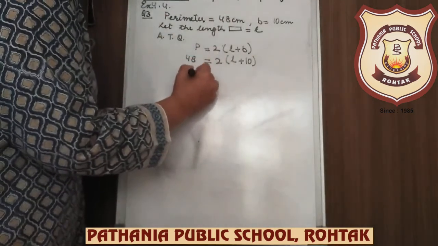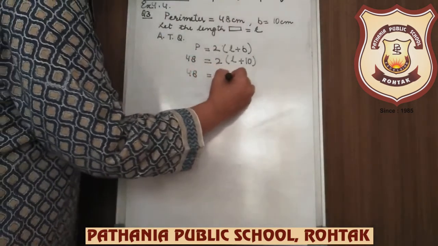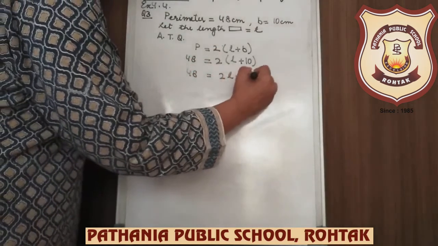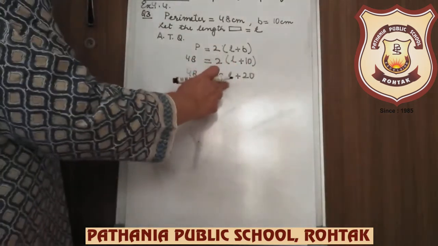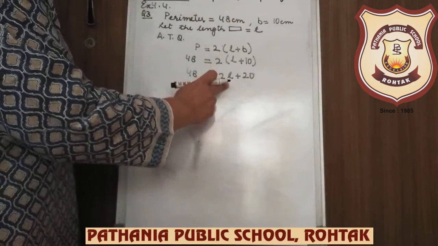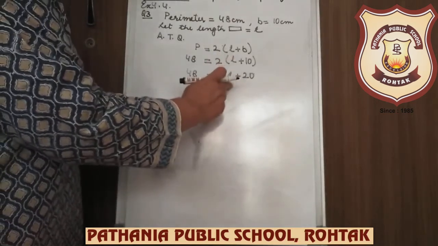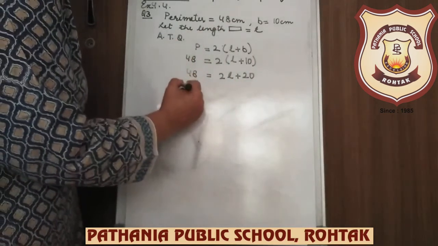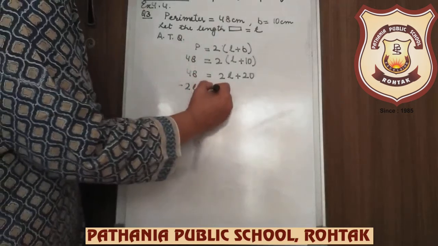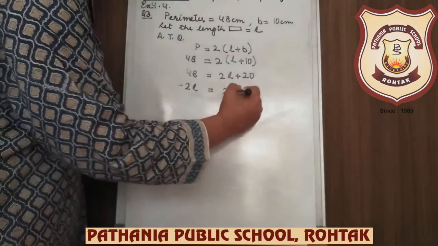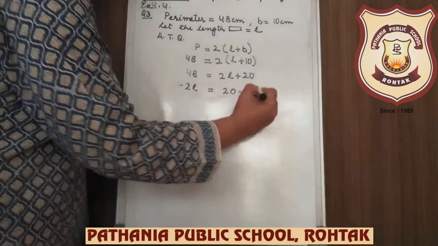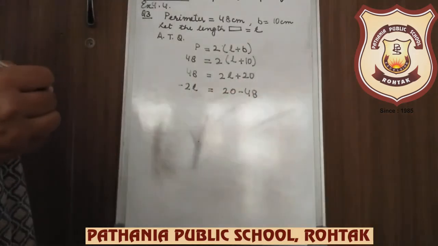Now open the bracket: 2L plus 20. Now see, the variable length is on the right hand side, so bring it to the left hand side, and minus 48. Clear?